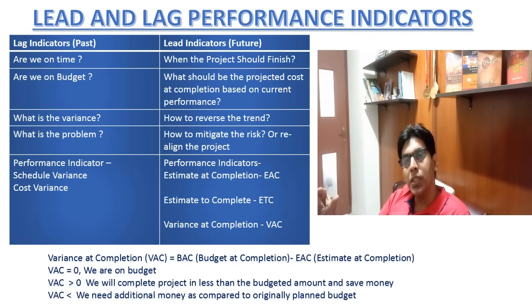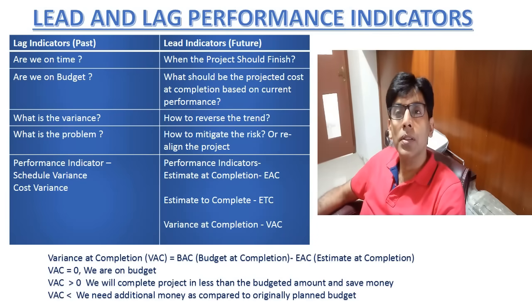Now, these projections help us in taking some important corrective actions. For example, based on the projections, a project manager can take decisions such as, does he need to go to the sponsor and request a revised budget, or does he need to manage the cost more aggressively.